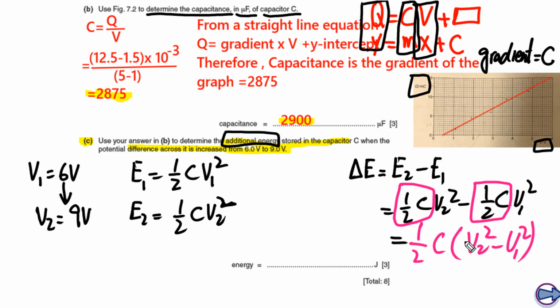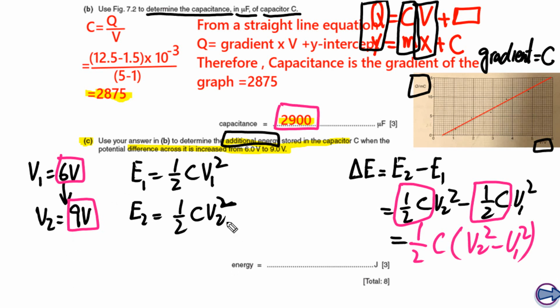Then we just need to plug in values. We have the value of capacitance from here, V1 is 6 volts and V2 is 9 volts. We plug in values and we will find the additional energy stored in the capacitor if we increase the potential difference from 6 volts to 9 volts.